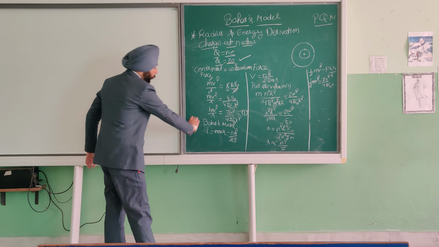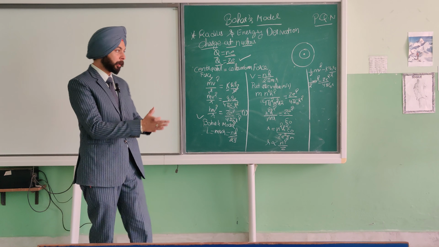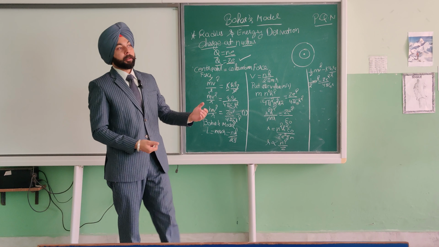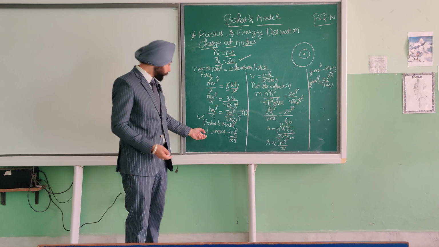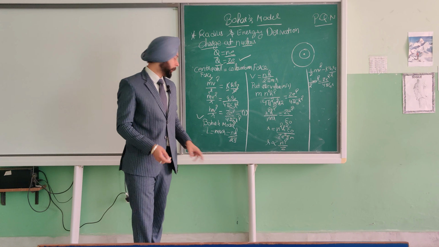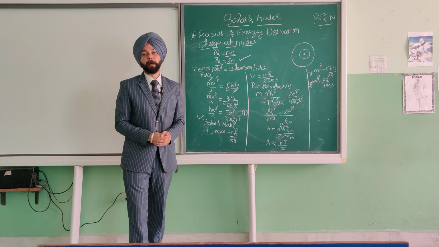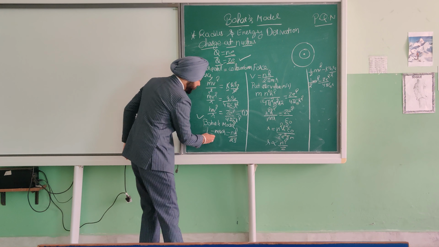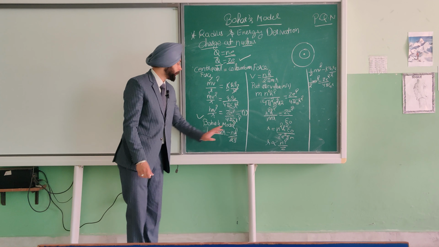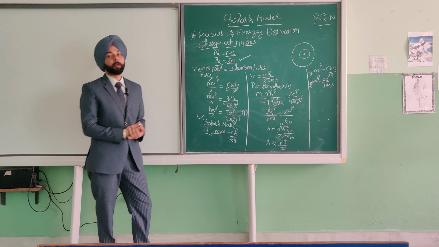Now according to the second hypothesis of the Bohr model, the electron exists in an orbit where the angular momentum is equal to an integer multiple of h by 2 pi. So L is equal to mvr is equal to nh upon 2 pi. Why do we choose this hypothesis?